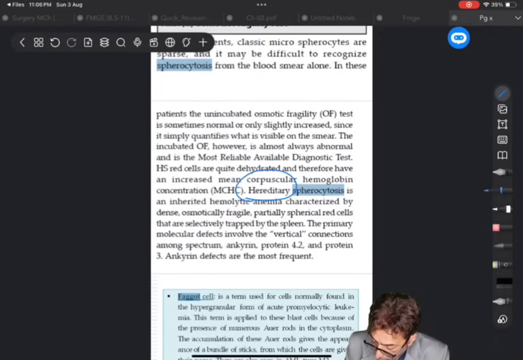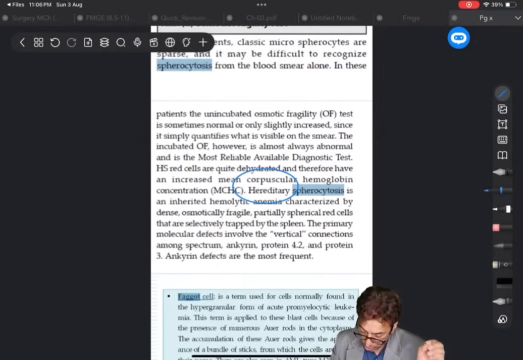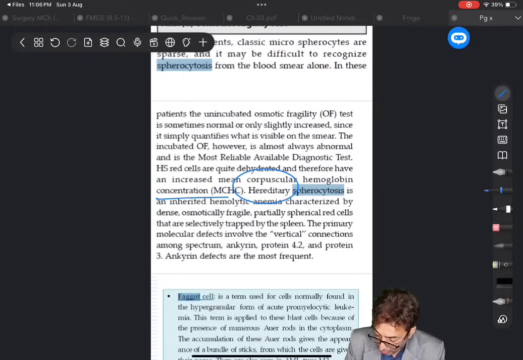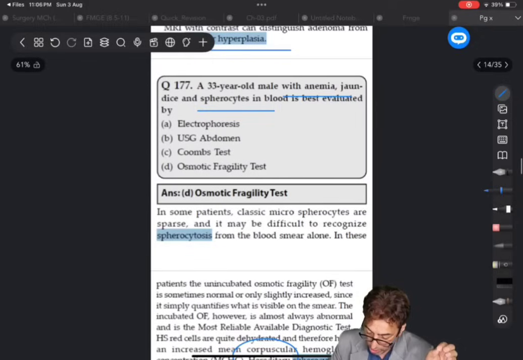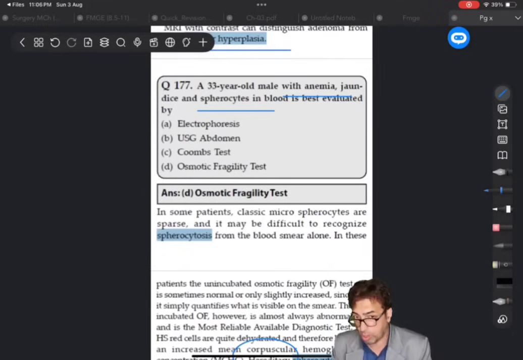So hereditary is the word, because hereditary spherocytosis is one of the conditions which has increased MCHC, and that was given in the question: increased mean corpuscular hemoglobin concentration. Very important. So hereditary trend, increase in MCHC, and the osmotic fragility test is positive. That's very important.